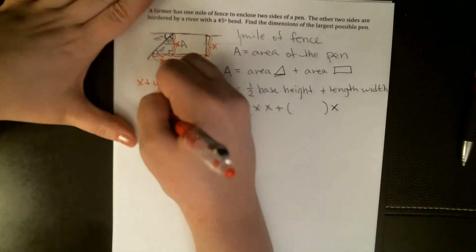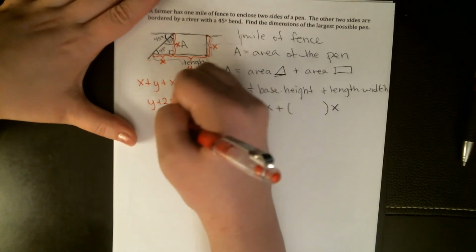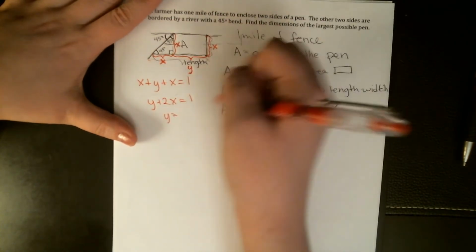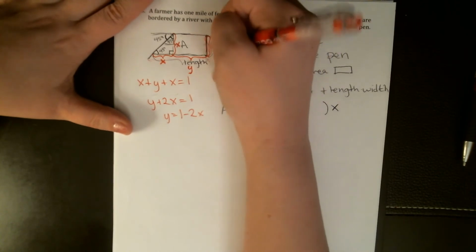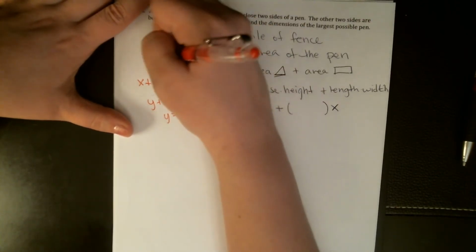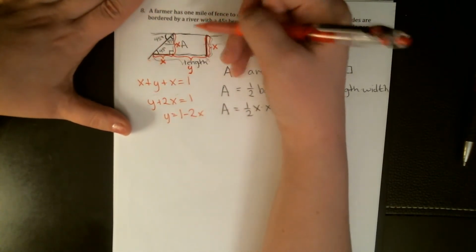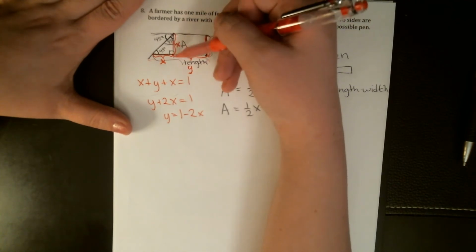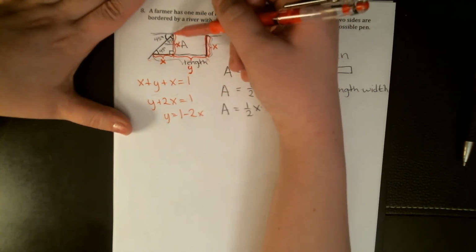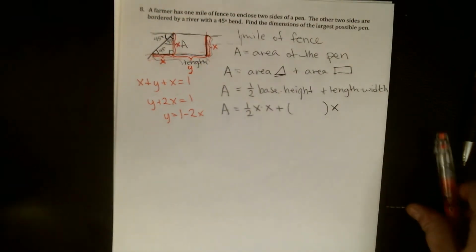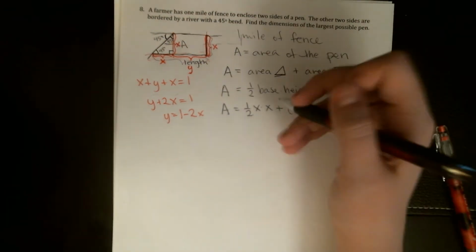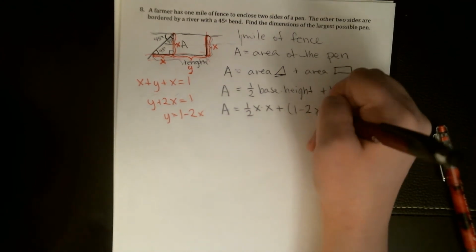So y plus 2x has to add up to 1, which means the length y has to be 1 minus 2x. So our 1 mile of fence minus the x over here and the x down here. This x right here is absolutely involved in calculating the area, but it's not involved in the fencing part. The fence just runs around the outside of this rectangular part of my picture. So back to this, 1 minus 2x.